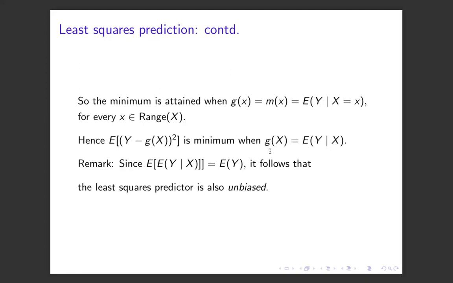So in the language of, let's say, functional analysis, you can say that this is the L2 distance between Y and g(X), if you are in L2 of the basic probability space.